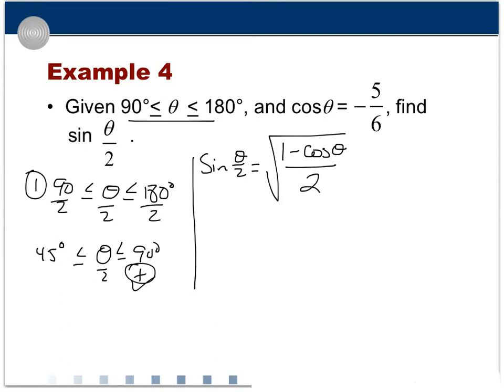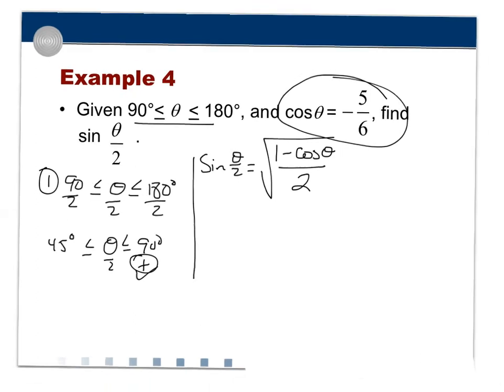Hey, we got another one of these problems where we make it really hard for you. I give you what cosine is, so all I have to do is plug that in. Actually, the problems are kind of hard because there's a little bit of work with simplifying your answer, but the setup should be pretty straightforward.